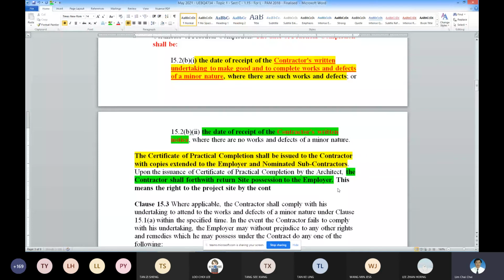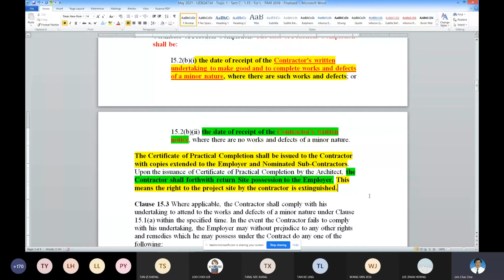That means that the contractor, this is very interesting now. After CPC, the rights are extinguished. If you enter your project site, the contractor's project site, after the CPC, it means that the contractor is a trespasser. Okay.